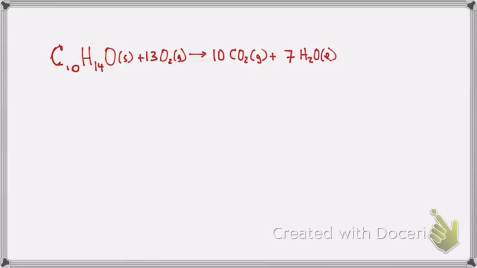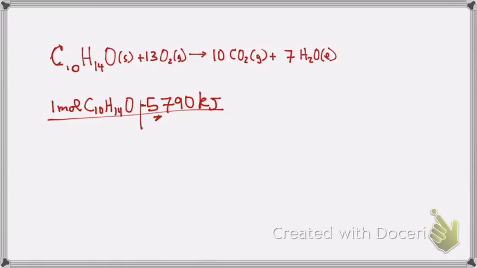So the way you have to think about this heat of combustion is I have 1 mole of C10H14O times negative 5,790 kilojoules for every 1 mole. That'll cancel out.